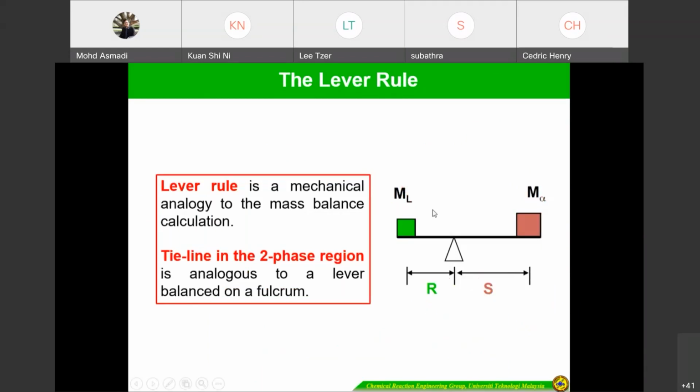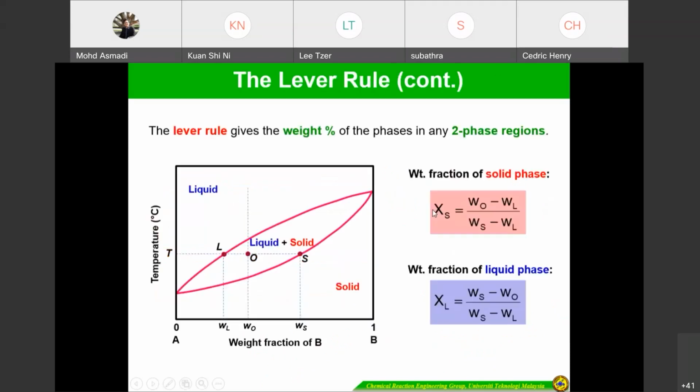The general equation for the lever rule gives the weight percent of the phase in any two phase region. We calculate in weight percentage because the initial composition is in weight, so you have to divide by weight.